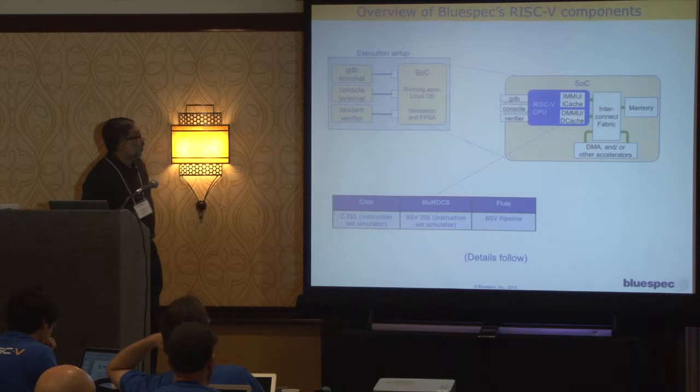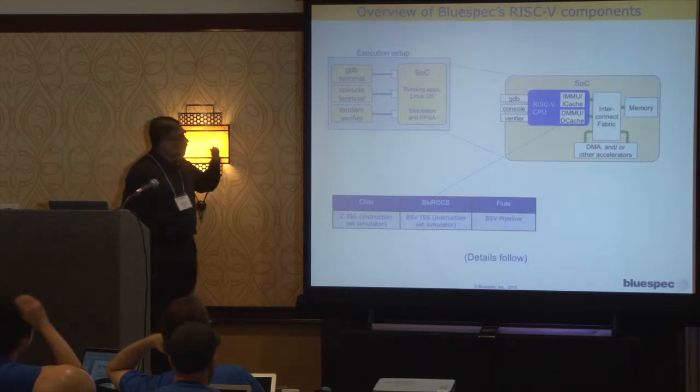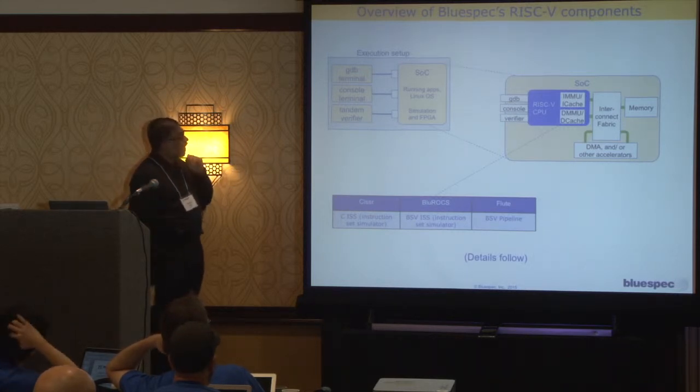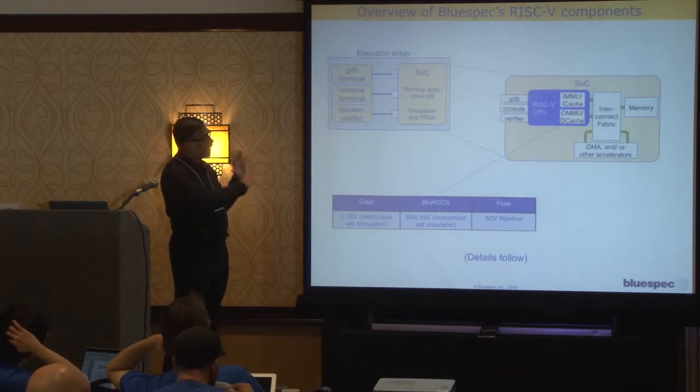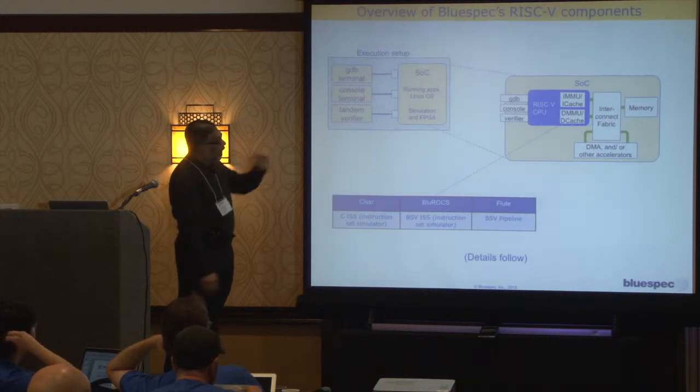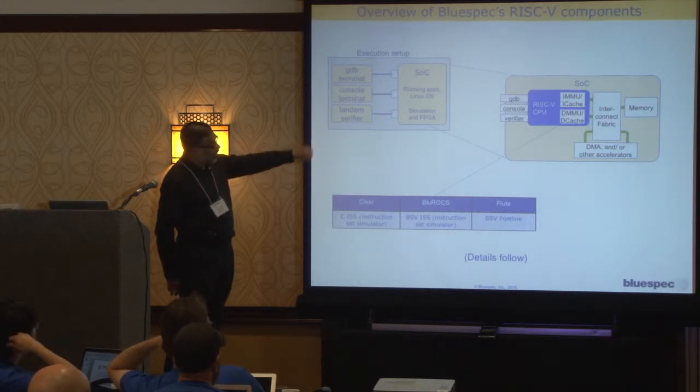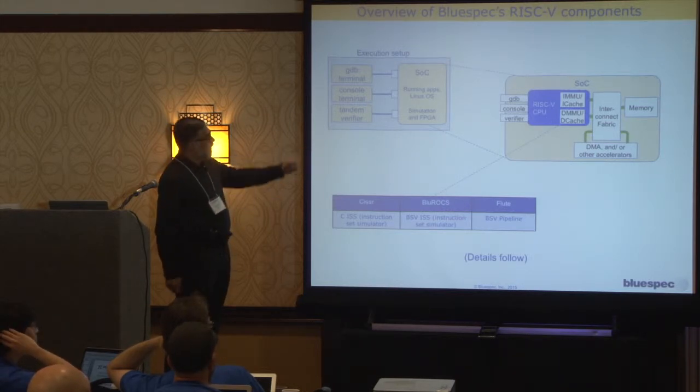Okay. So here's an overview of the components. What you see on the far right is the SoC structure, and all of this exists, consisting of a RISC-V CPU, an interconnect fabric, memory interfaces, DMAs, other accelerators, et cetera.